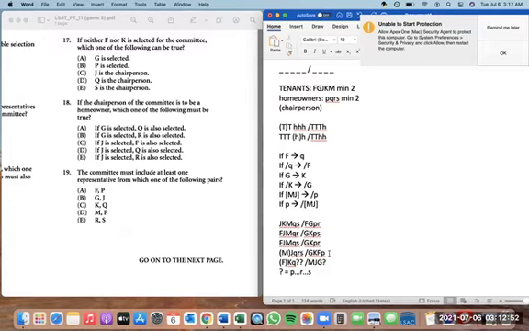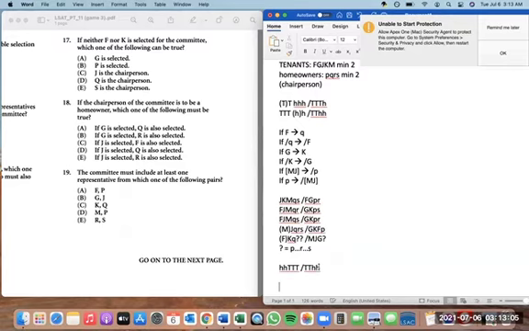Okay, question 18. If the chairperson of the committee is to be a homeowner, all right, so we've got 2 homeowners, 3 tenants. If the chairperson of the committee is to be a homeowner, which one of the following must be true?